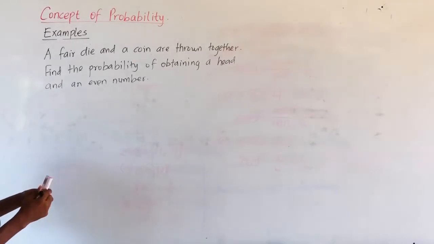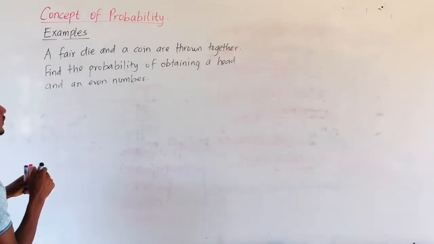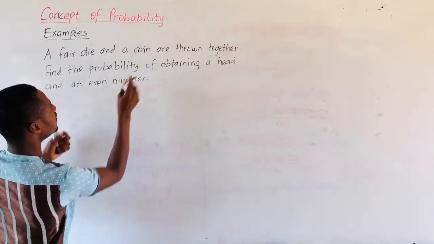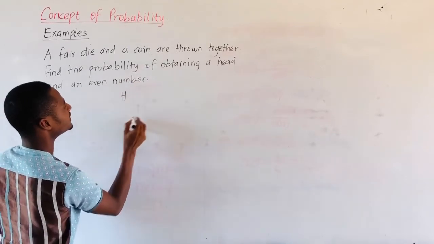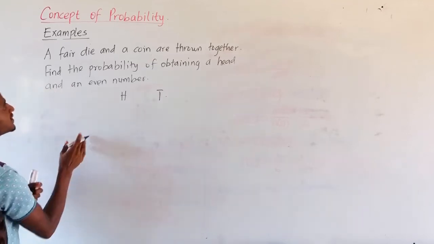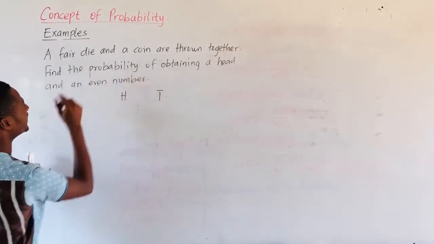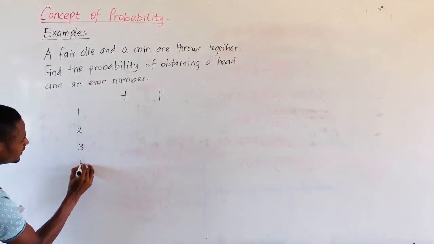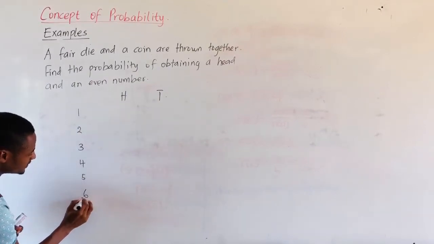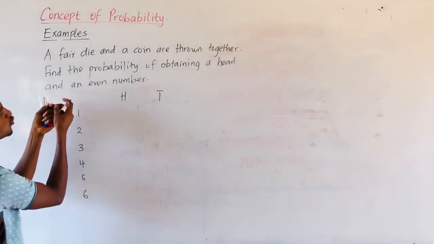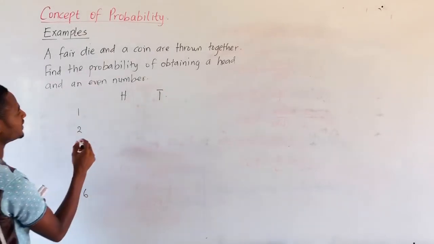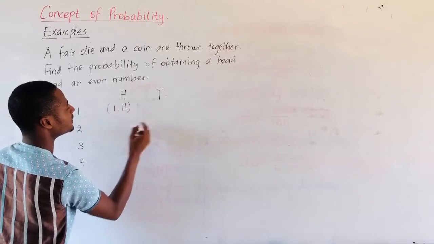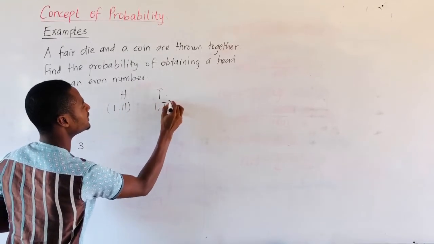Let's get the sample space for this. We already know that the sample space for the toss of a coin is either a head or a tail, and the sample space for the toss of a die is 1, 2, 3, 4, 5, 6. Let's put these two together since we are doing them at the same time. So we will have 1 and a head, we will have 1 and a tail.